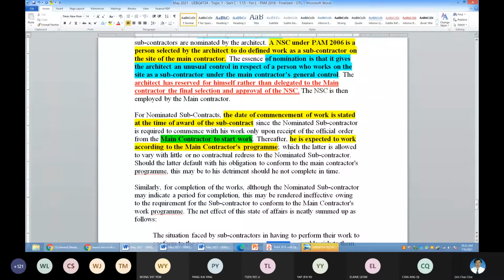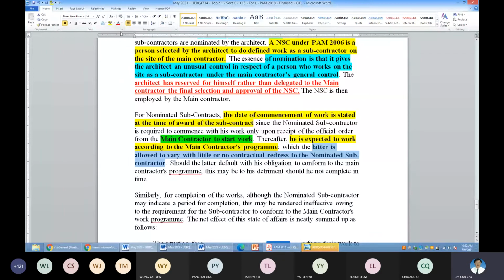That means the main contractor is allowed to vary the program of the NSAs, and the NSAs have no or little contractual redress. Can you imagine? This is a nightmare for the NSAs.